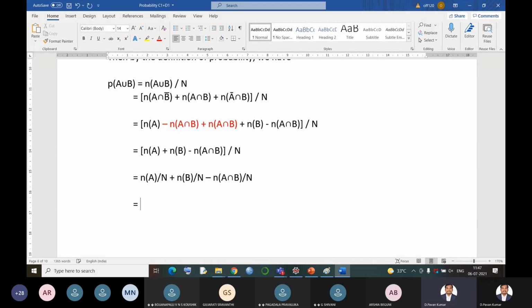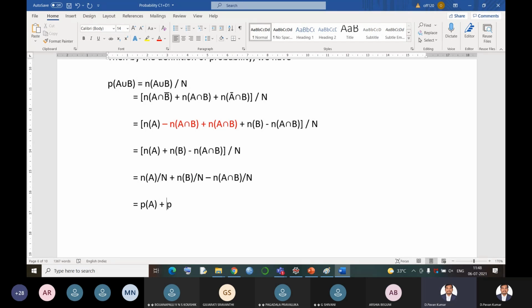So that indicates what? Just now we were saying that favorable number of cases divided by exhaustive cases means probability, right? So n of A divided by capital N means probability of A. That means P of A formula: favorable number of cases of A divided by total number of exhaustive cases.